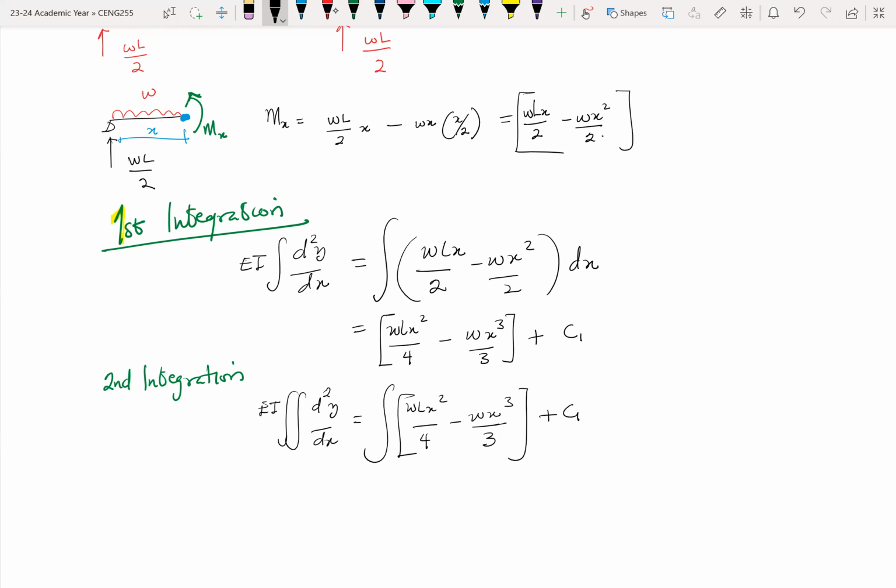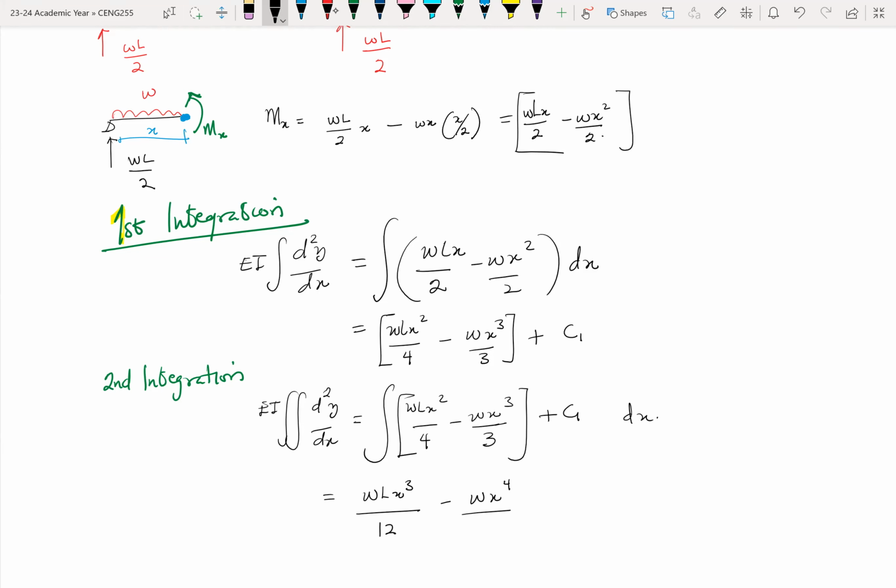Integrating, we end up with WLx cubed over 12, which is 4 times 3, minus Wx to the fourth over 4 times 3.